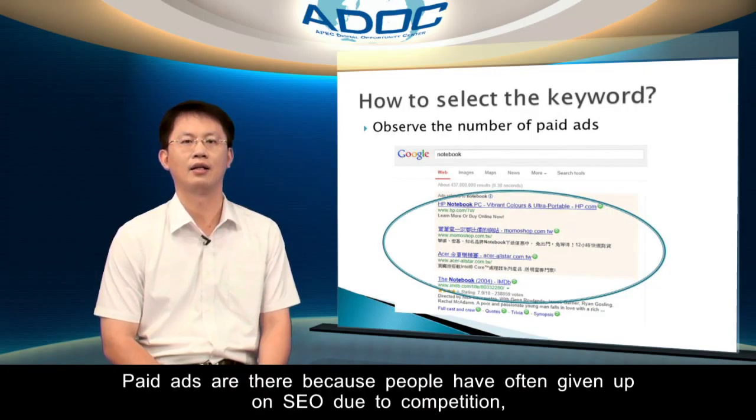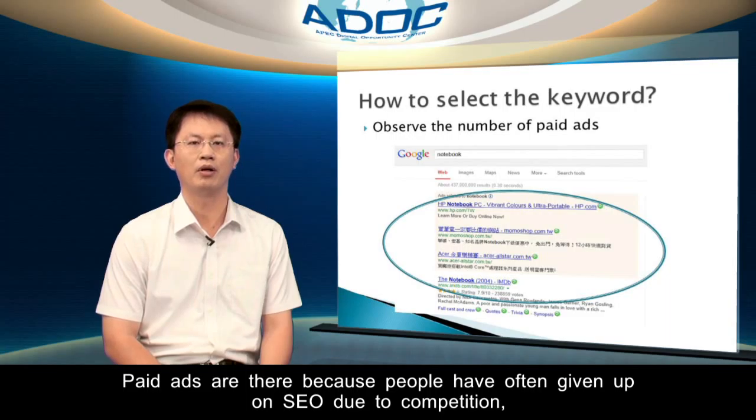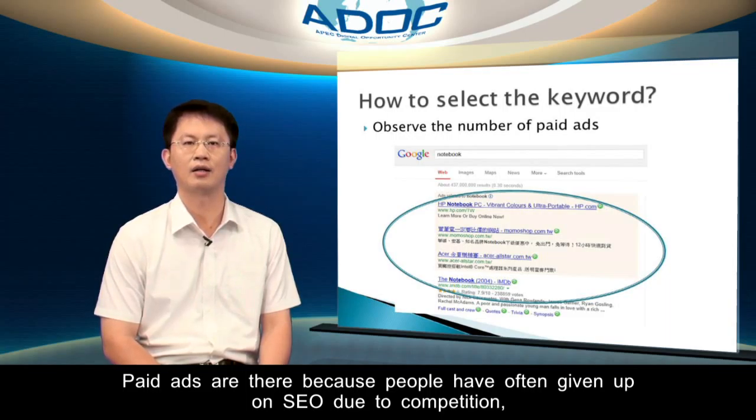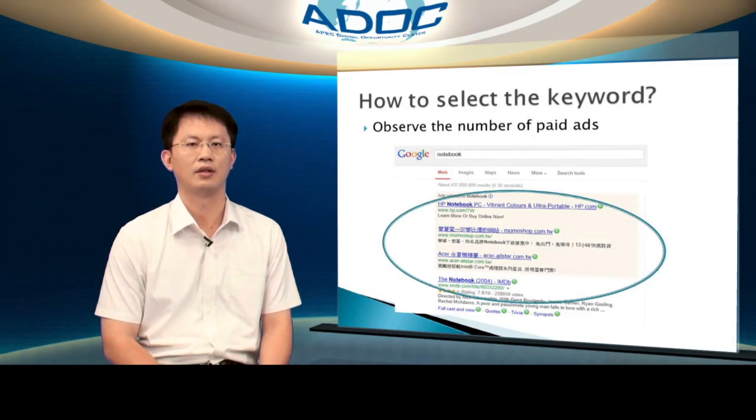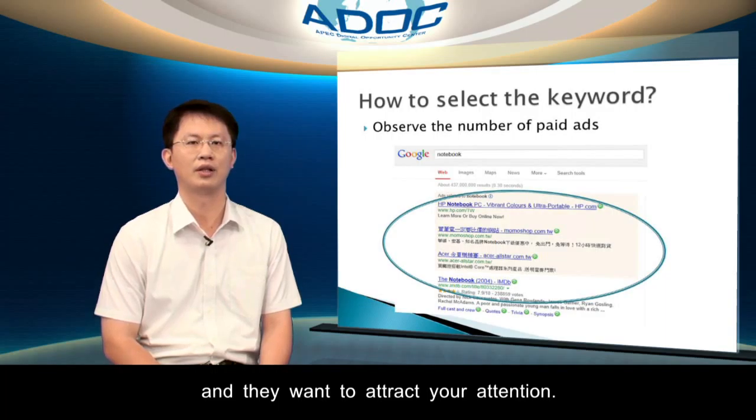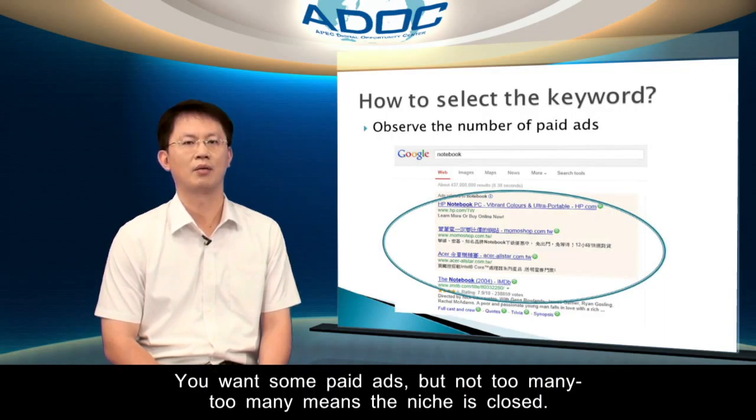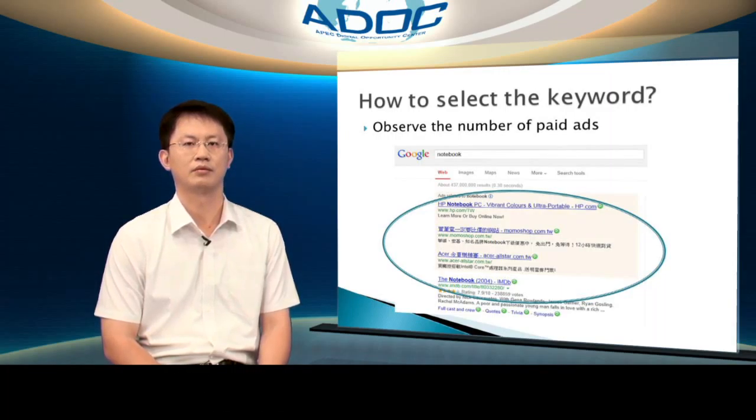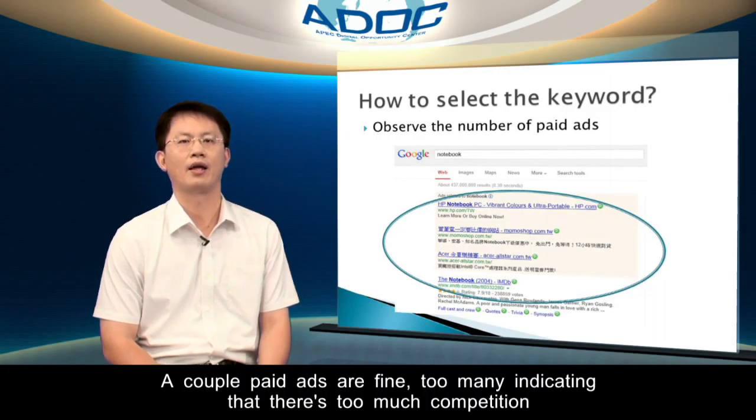Pay ads are there because people have often given up on SEO due to competition, and they want to attract your attention. You want some pay ads, but not too many. Too many means the niche is closed. A couple of pay ads are fine.